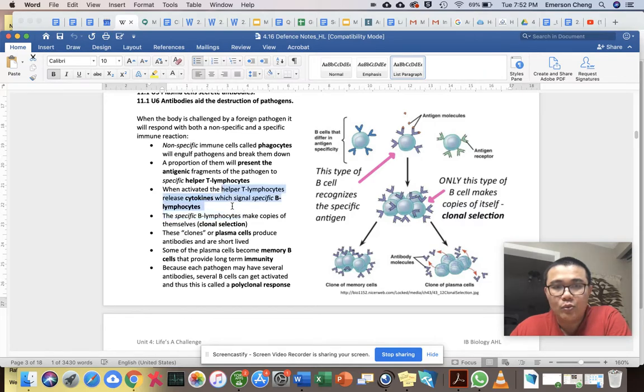The helper T cell will release cytokines to signal this particular B lymphocyte to make more of itself. So as you can imagine, if your helper T cell is compromised because of HIV, then this pathway of making antibody will be limited or also compromised.